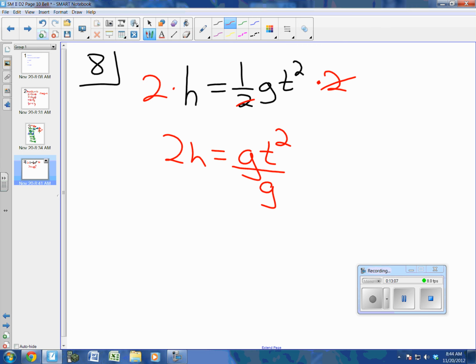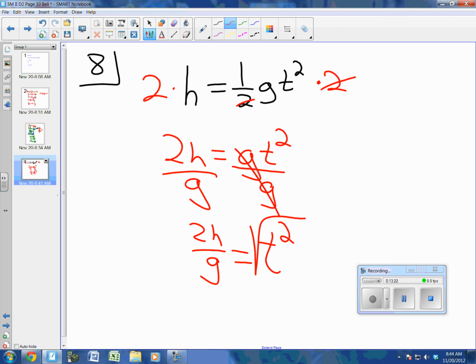So we divide by g. Those cancel out, and I have t squared equals 2h over g. Then I square root both sides. And I get t equals plus or minus the square root of 2h over g, right?